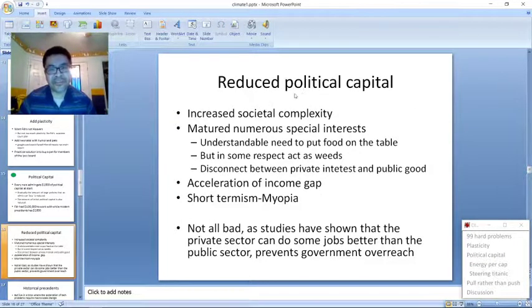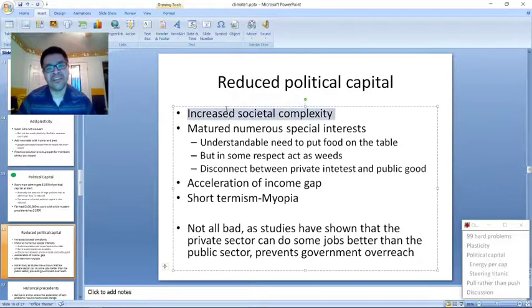The reason for this reduction, I would argue, is an increase in societal complexity, which matured numerous special interests. The point of view from the special interests is understandable because they need to put food on the table.